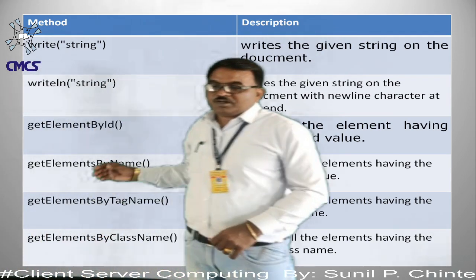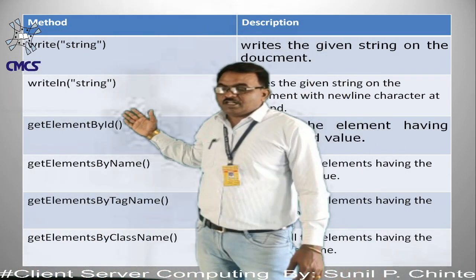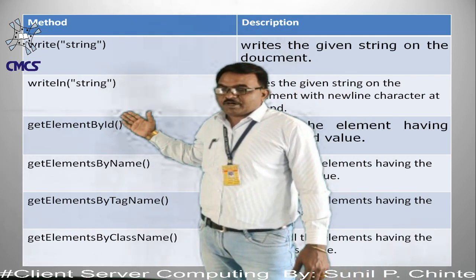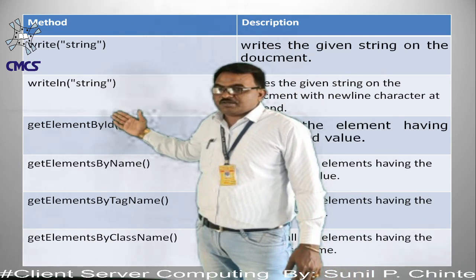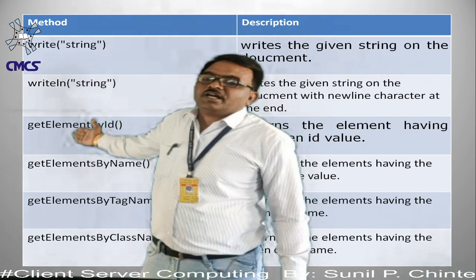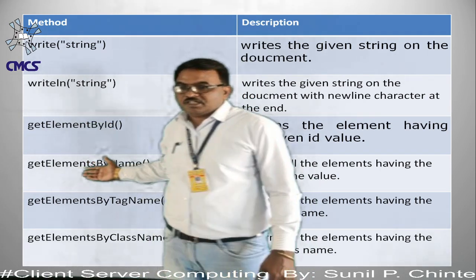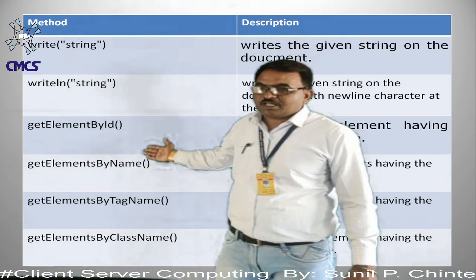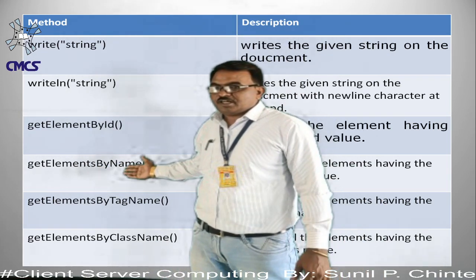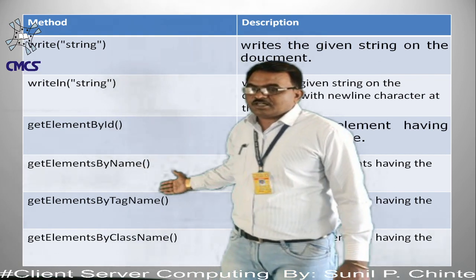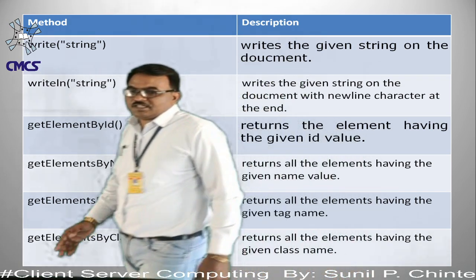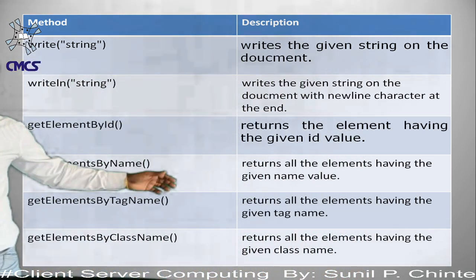Similarly, if you want to access elements by using the id, then we can use the getElementById method. If you want to access elements by name, then you can use getElementsByName. Similarly, by tag names and by class names.